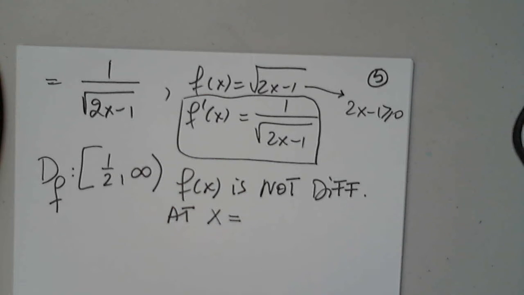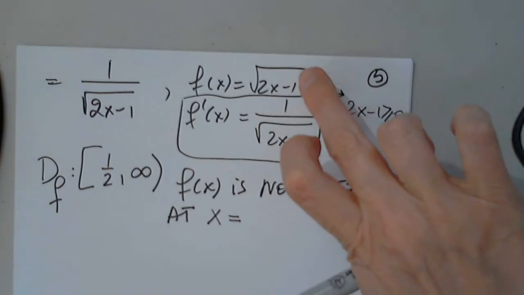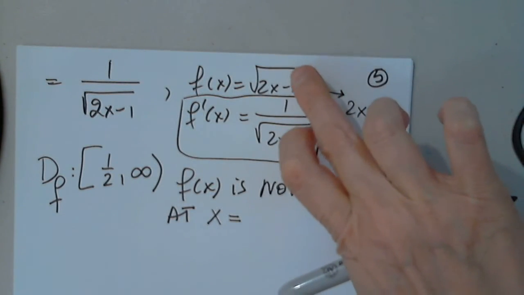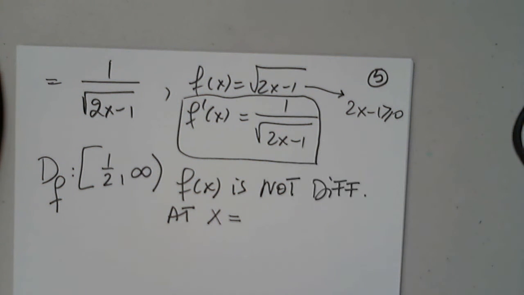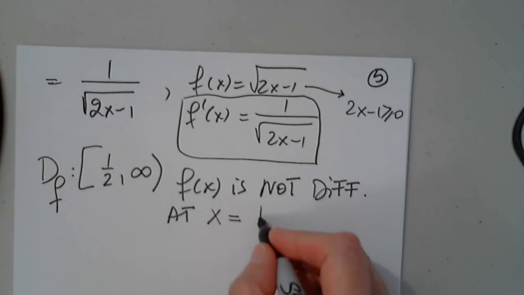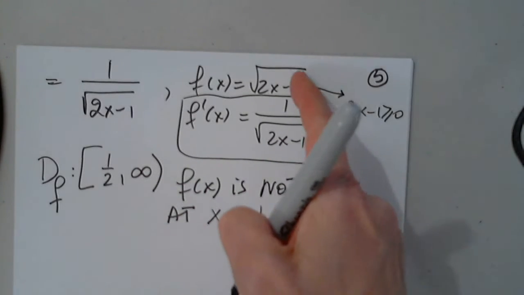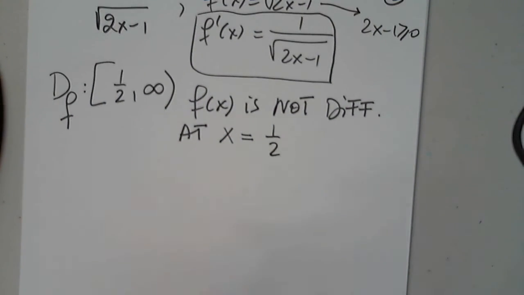It's okay if you're wrong. What is the difference between these two functions? This one exists at the particular point, but this one will not. Which point is that? Or which x value is that? 1/2. Exactly.